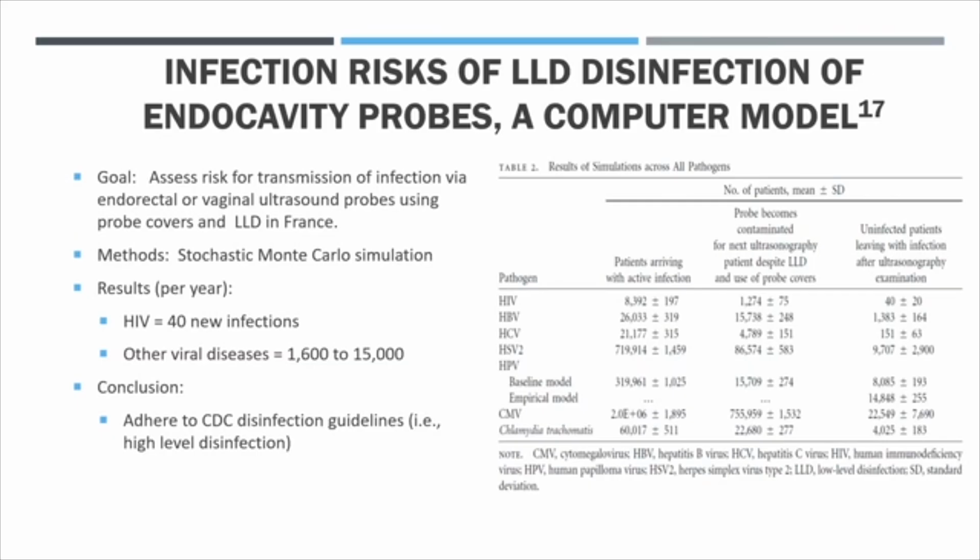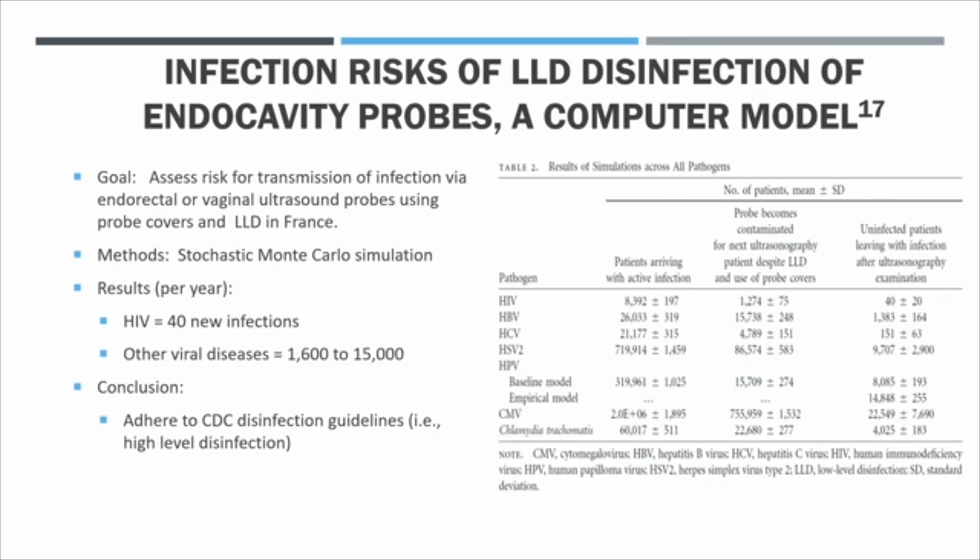On the right, you can see an actual reproduction of a table from that paper, and you can read that in detail. The references are all listed for you at the end of this presentation. You can see the risks include HIV, hepatitis B, hepatitis C, herpes simplex virus 2, HPV, importantly the most difficult to inactivate, CMV, and chlamydia trachomatis.